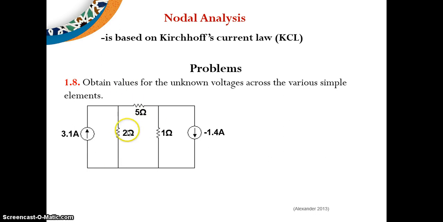For example, in this case you have 3 nodes, so n is 3 and you have n minus 1, that is 2 unknown voltages. So you can write 2 equations for getting those unknown voltages.